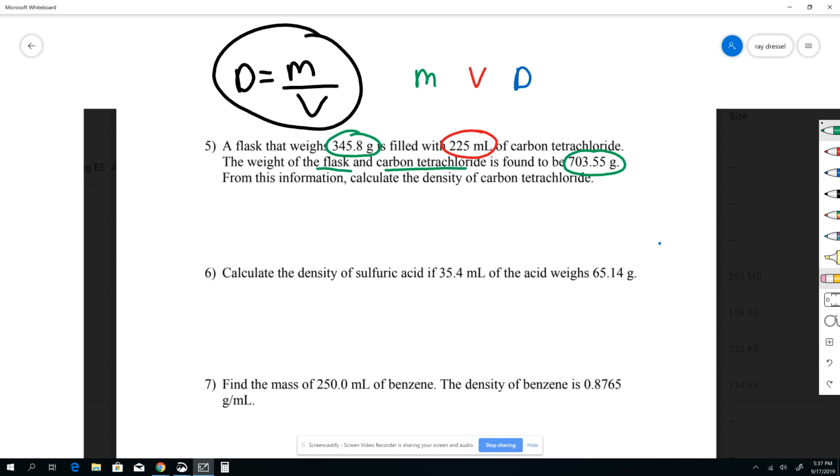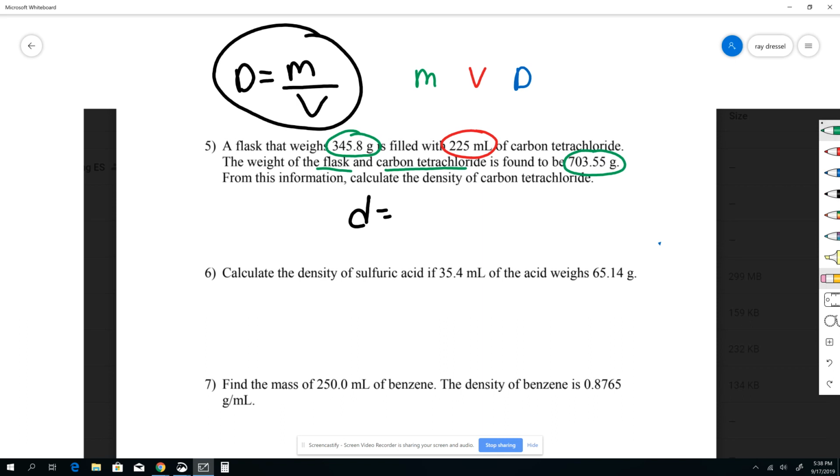Basically, I'm going to start at the top, where density is equal to mass over volume. We know density is equal to the mass, which is the 703.55 grams, but that includes both the flask and the carbon tetrachloride.